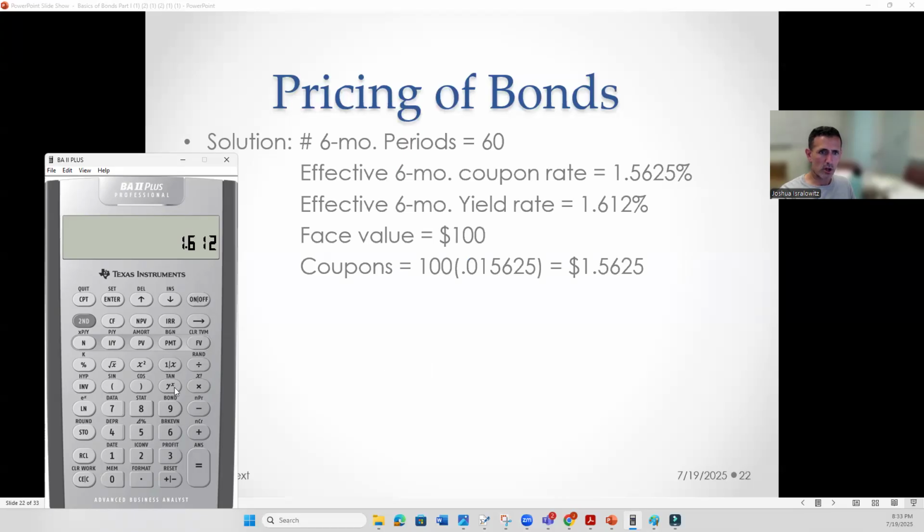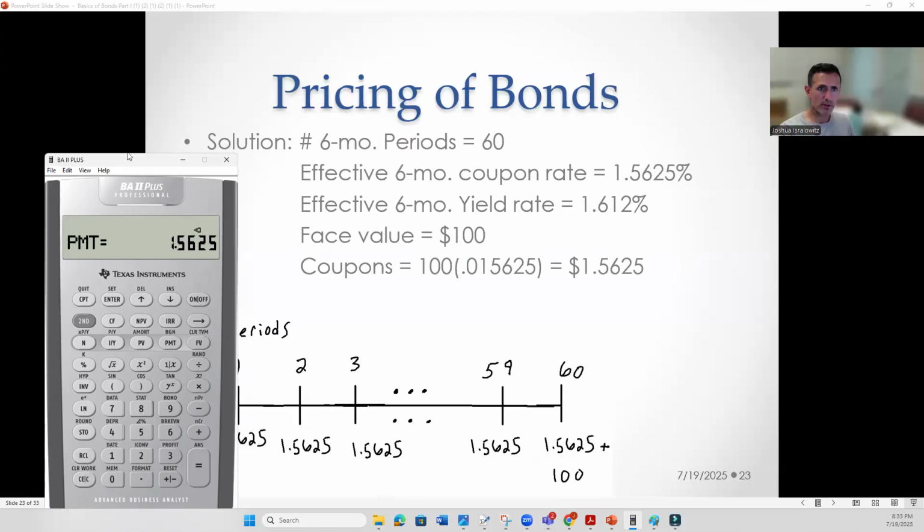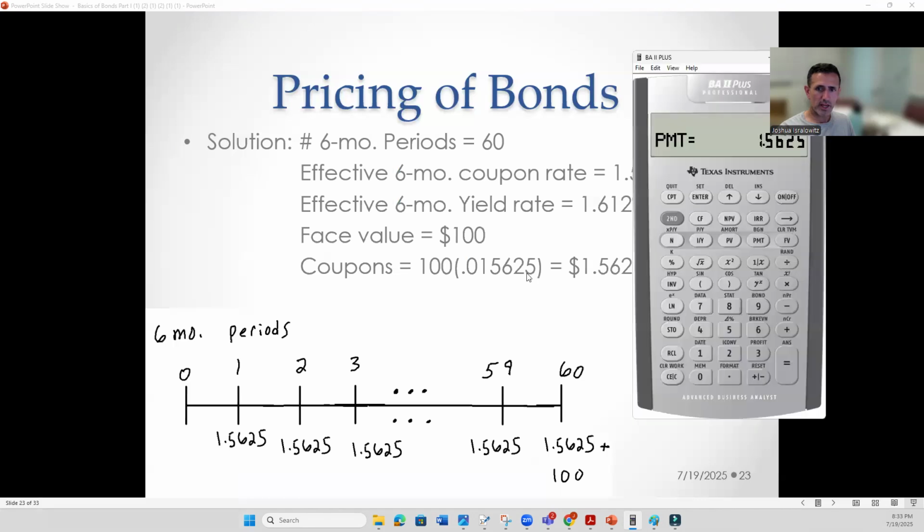So my coupons are, take this, you need, again, to convert this into a decimal, times 100. That's my coupons. So I'm going to make that payment because that is what I get every 6 months for 66-month periods.